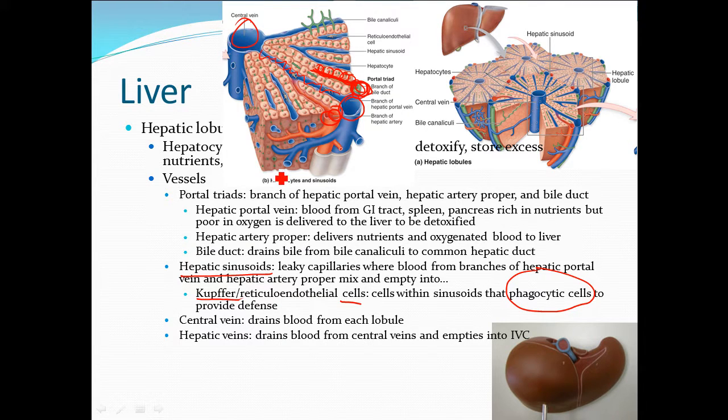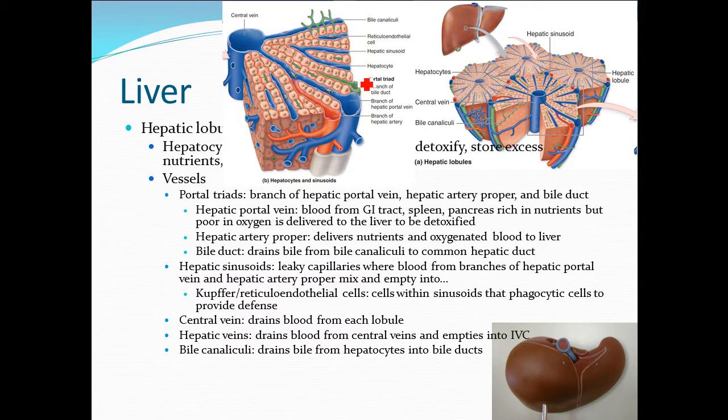And once the central veins collect, they go into the inferior vena cava via the hepatic veins here. The bile canaliculi, like we just mentioned, drain the bile from the hepatocytes into the, what do you call this structure here again on the side? The bile duct.